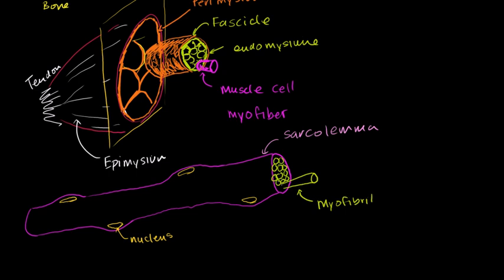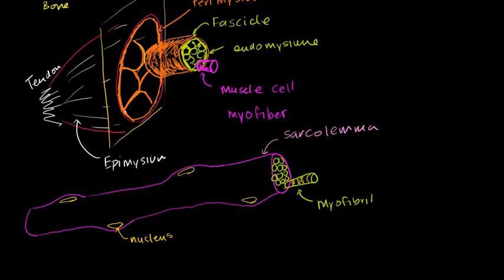And if you were to look at this under a light microscope, you'll see it has little striations on it. So the striations would look something like that, like that, like that. And then there'll be little thin ones like that, like that. And inside of these myofibrils is where we'll find our myosin and actin filaments.